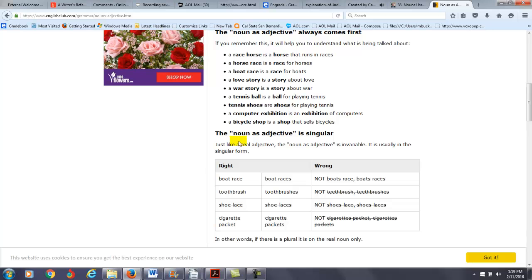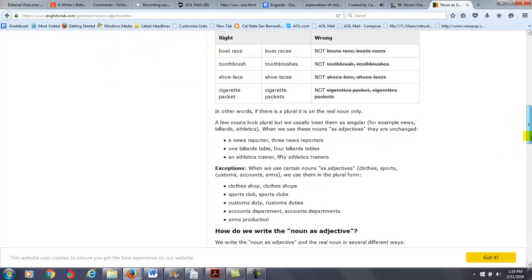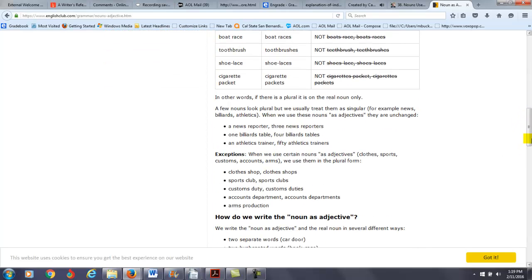Now a couple of other things. The noun as the adjective needs to be singular in most cases: boat race, toothbrush, shoelace, cigarette packet. You can't put the plural s on a noun that functions as an adjective.